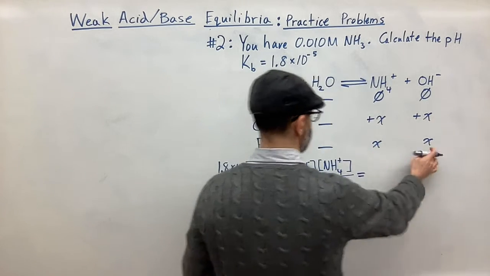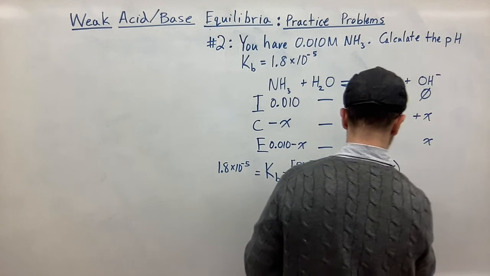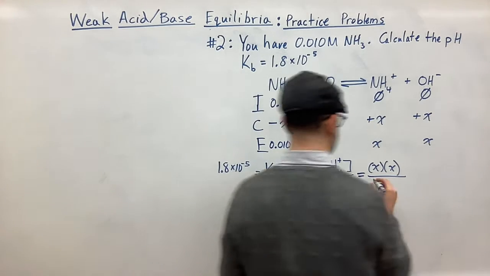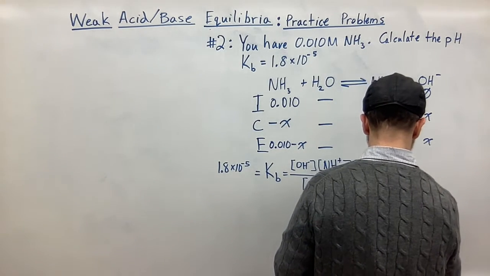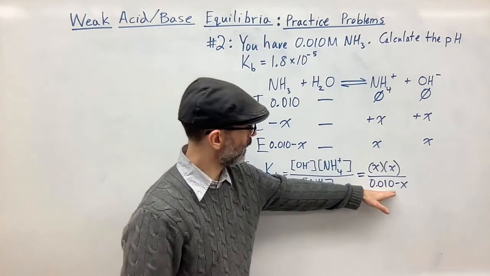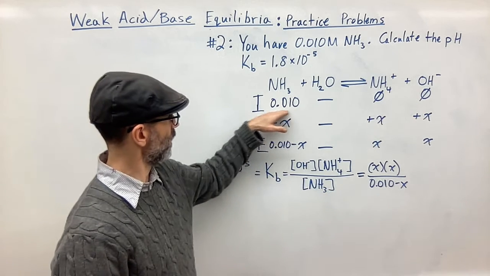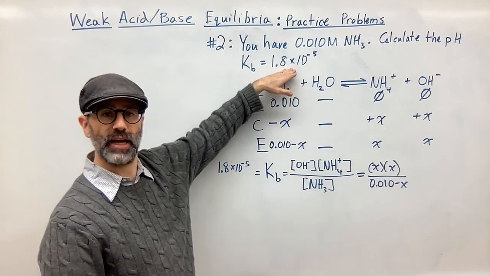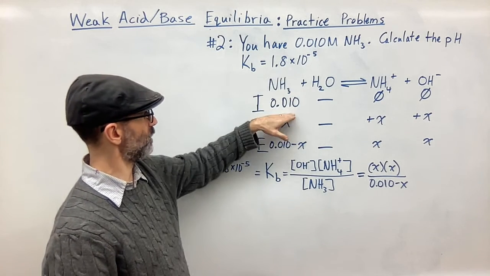So both of these are equal, so that's going to be x times x over 0.010 minus x. And again, if we look at the concentration that we started with and compare that with the Kb, we'll notice it's about a 1,000-fold difference.